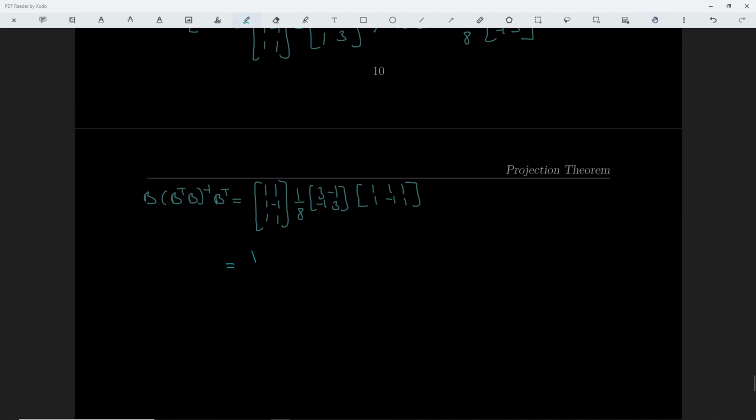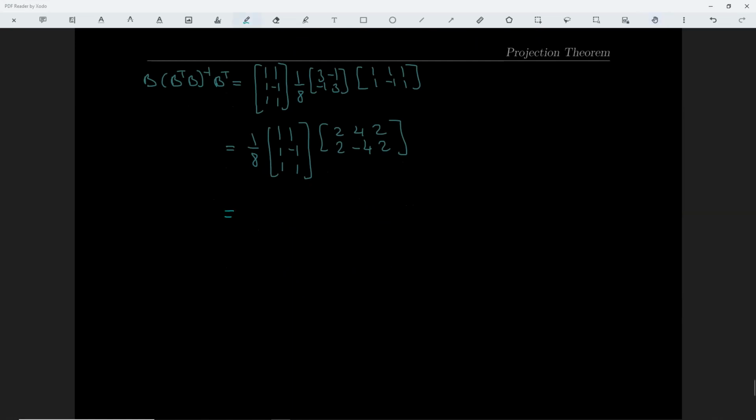That will be equal to 1 over 8 times the product, with entries 4, 0, 4 in the first row, and so on, which is equal to the matrix with rows (1/2, 0, 1/2), (0, 1, 0), and (1/2, 0, 1/2).